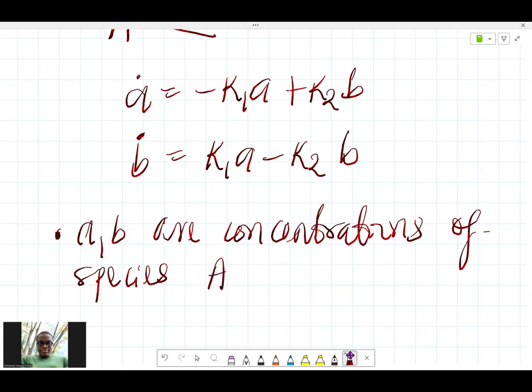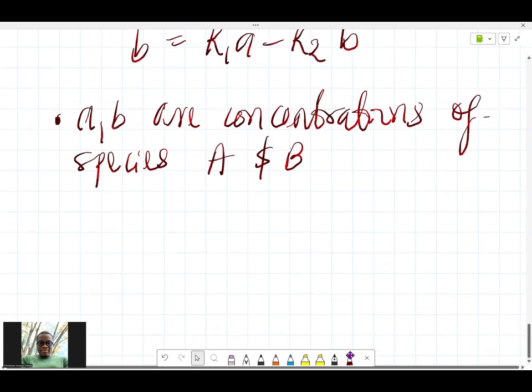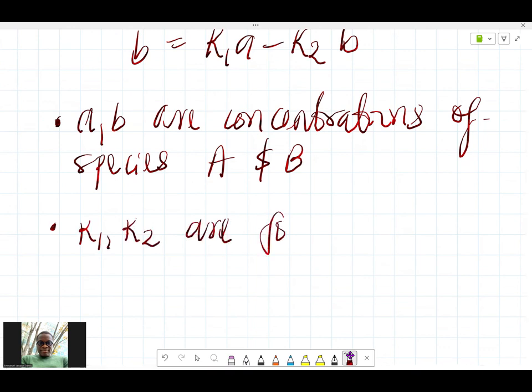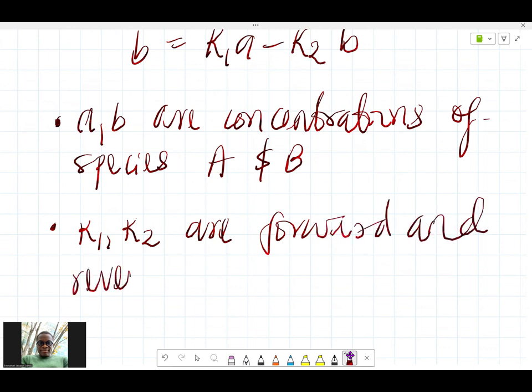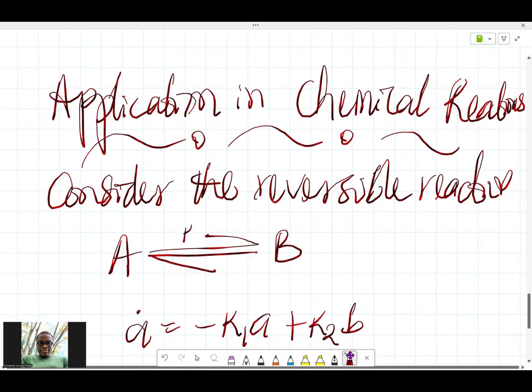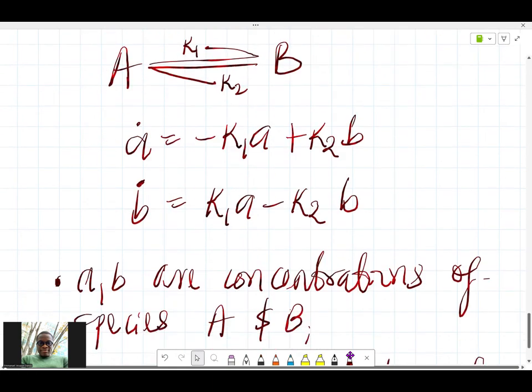And K1 and K2 are forward and reverse reaction rate constants. The rate at which A goes to B is K1, and the rate at which B returns to A is K2. That's basically what this is about.